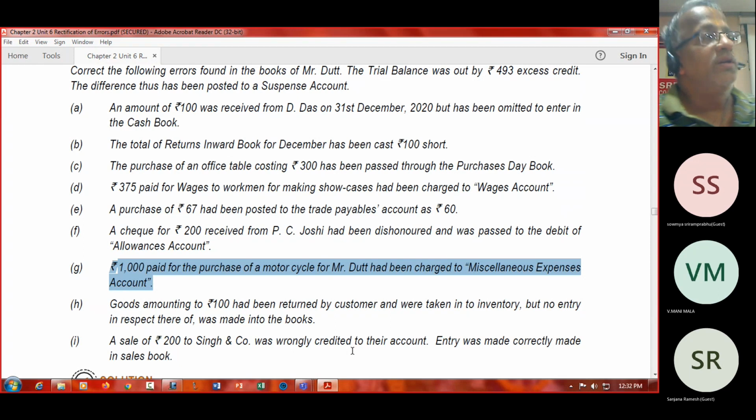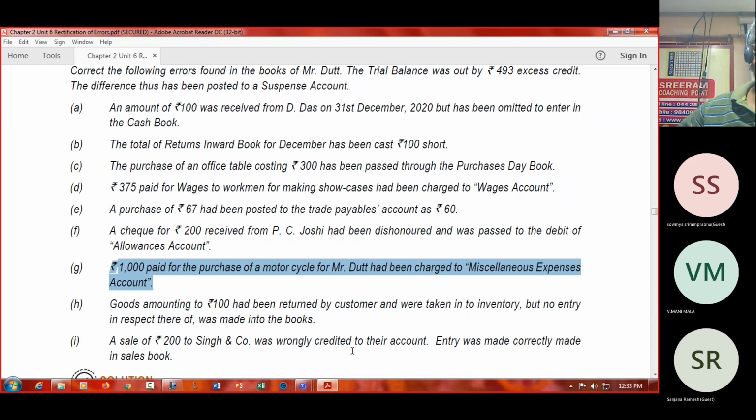Super. So the question is given very clearly that the motorcycle is for the personal use of Mr. Dutt, even though they are not using the term personal use. Had it been for the company and for the business, they could have very well conveyed it as 1,000 paid for the purchase of motorcycle. Because they have used the term for Mr. Dutt, we should consider that it is for his personal use and they should have debited drawings account, whereas they have debited this to miscellaneous expenses.